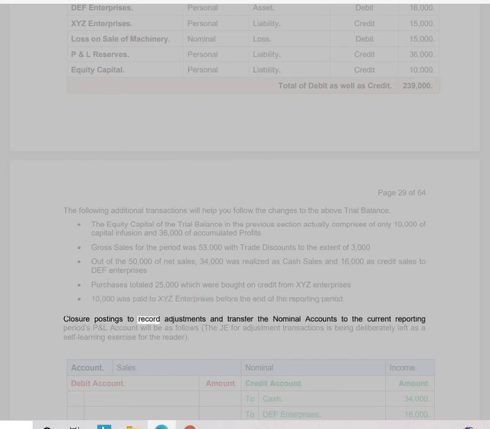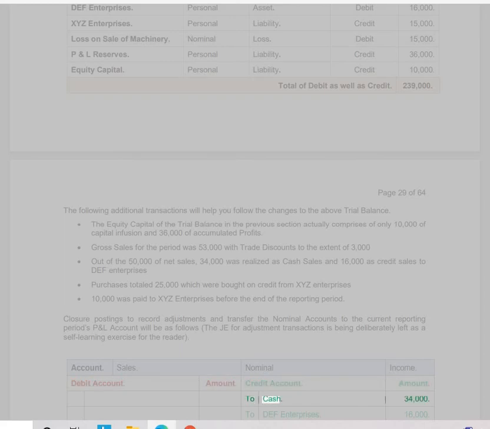Closure postings to record adjustments and transfer the nominal accounts to the current reporting period's P&L account will be as follows. The JE for adjustment transactions is being deliberately left as a self-learning exercise for the reader. Account: Sales, nominal income. Debit account, amount, credit account, amount.